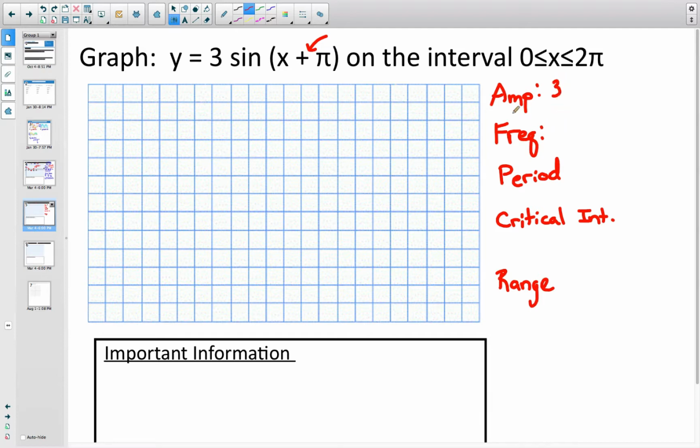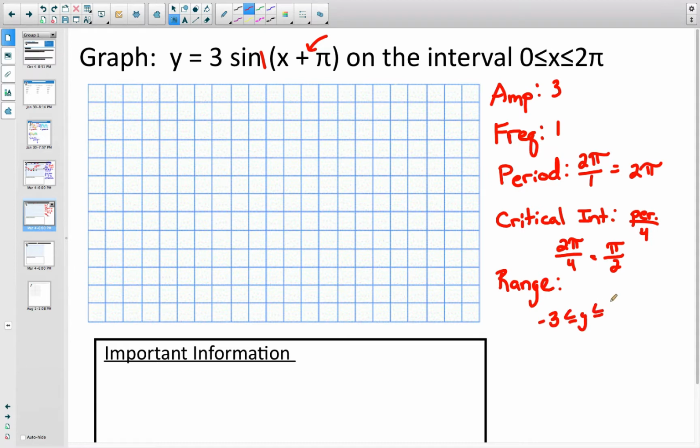Our frequency will be right here, that's a 1. Period, 2 pi divided by frequency, or just 2 pi. Our critical intervals, that's period divided by 4. So 2 pi divided by 4 is pi over 2. Our range doesn't look like we have any vertical shift, so our range is going to be from -3 to 3.